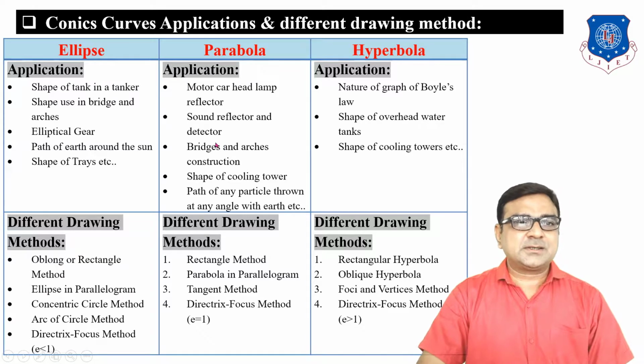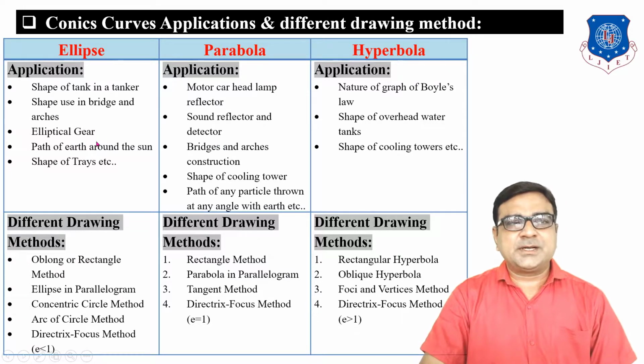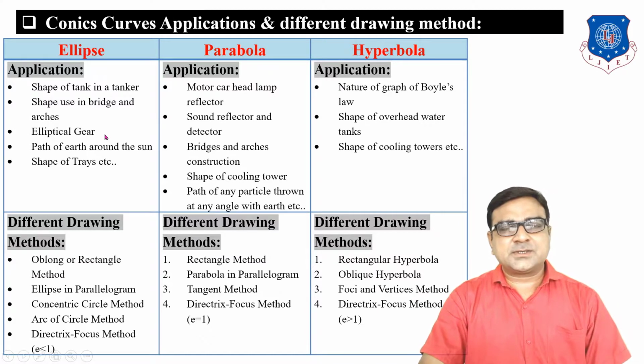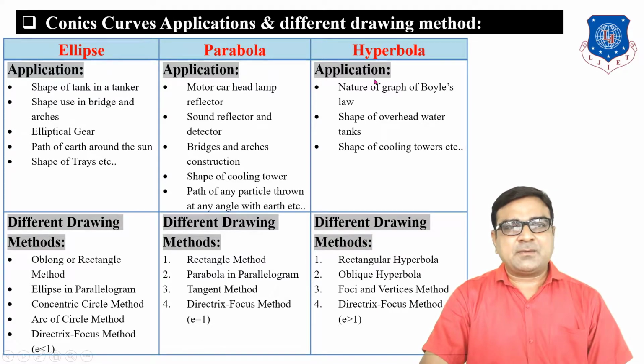Now at the last, in this chapter we will discuss different methods of the ellipse, parabola and hyperbola, and the applications of ellipse, parabola, hyperbola are mentioned here. For ellipse, we will study the oblong or rectangle method, ellipse in parallelogram, concentric circle method, arc of circle method, directrix and focus method.